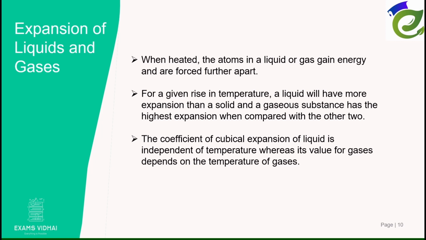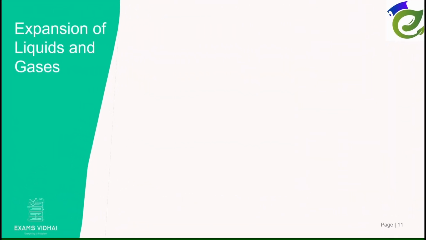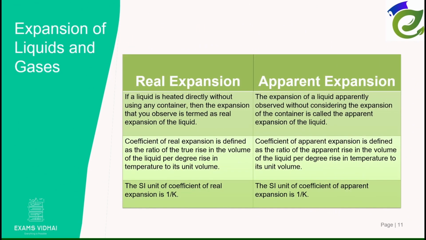Next, we will look into the types of expansion in liquids and gases. There are two types of expansion in liquids and gases, that is real expansion and apparent expansion. If a liquid is heated directly without using any container, then the expansion that you observe is termed as the real expansion of the liquid.